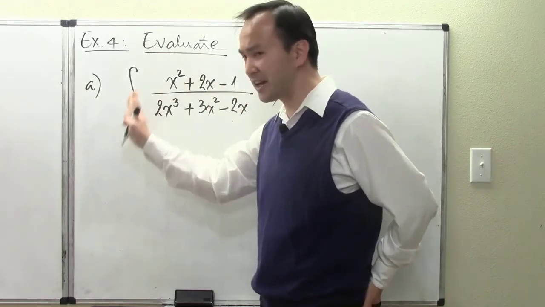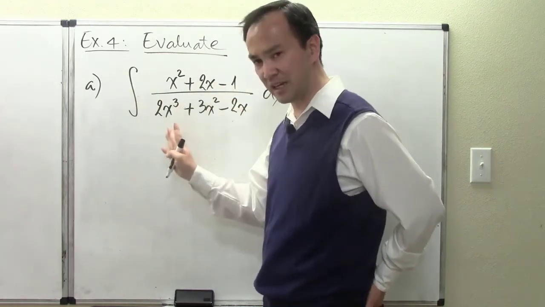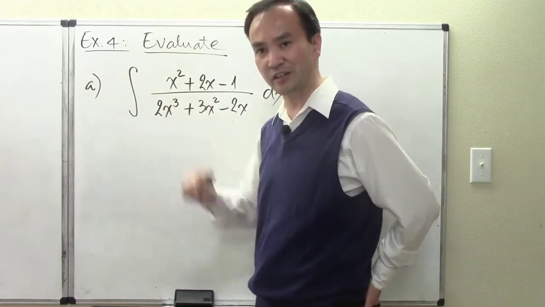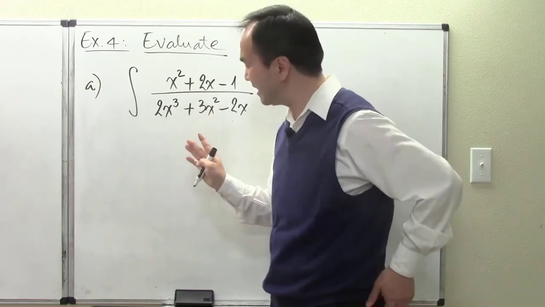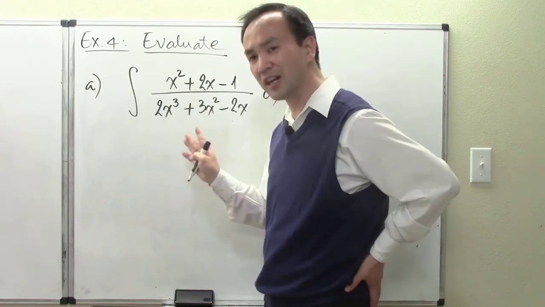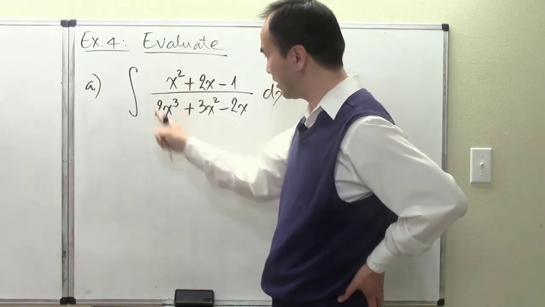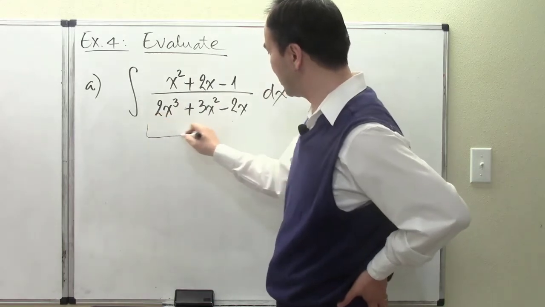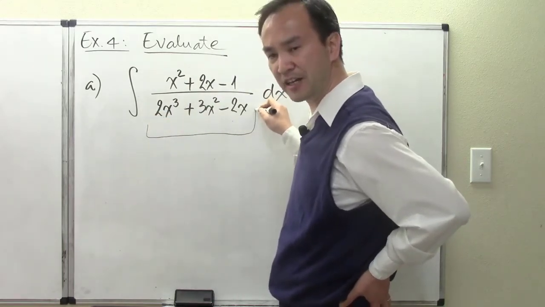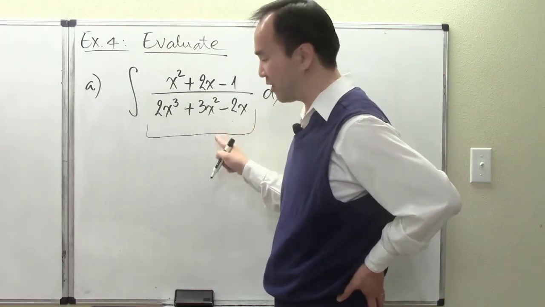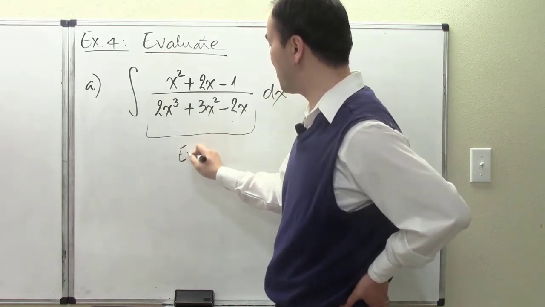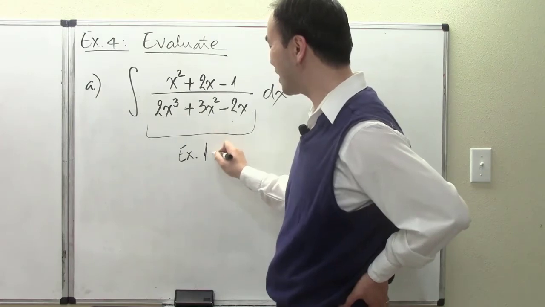I designed these problems to connect with the earlier examples. So before I proceed here, if anyone takes a closer look at this problem, you can notice that the rational function whose indefinite integral I am attempting to find came from example 1a already.